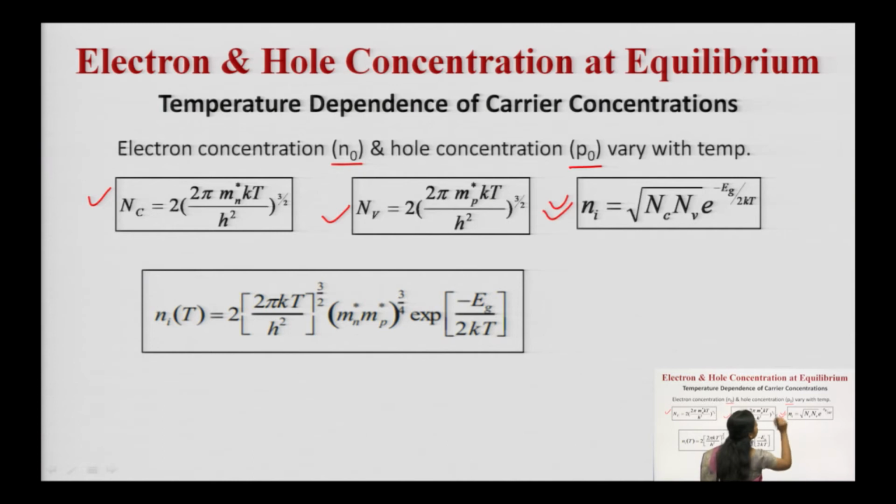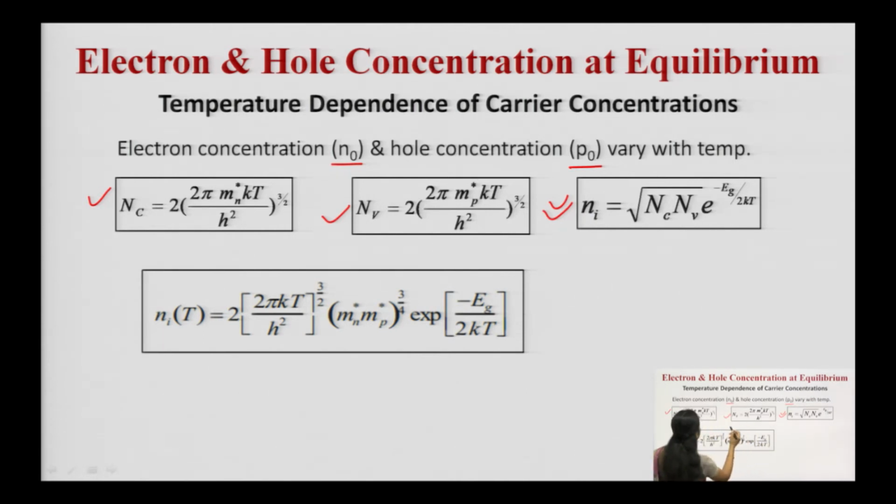Ni you have already derived, which is the square root of Nc into Nv e raised to the power minus Eg upon 2kT, and we derived it by considering the mass action law, which means the product of N and P will be constant.